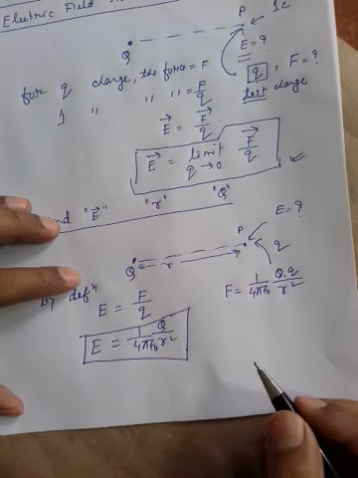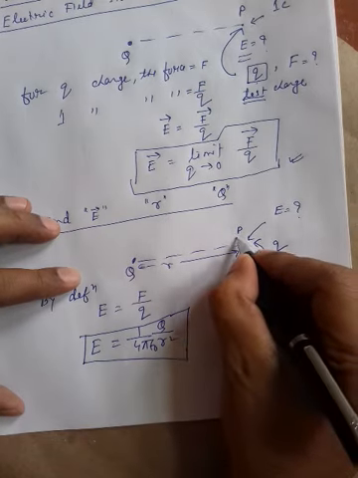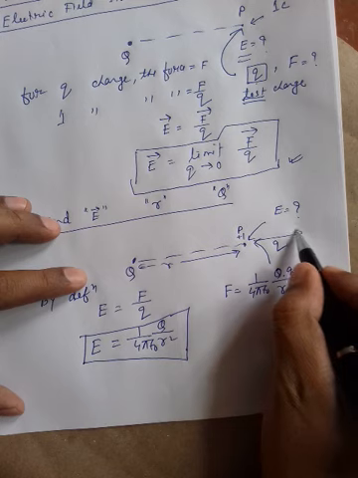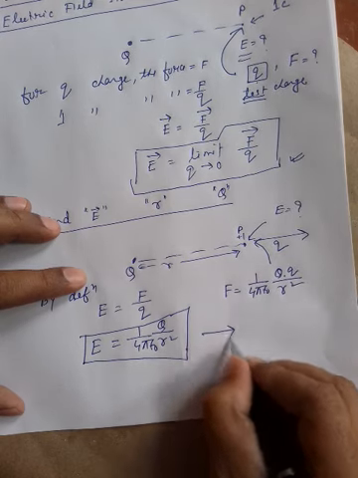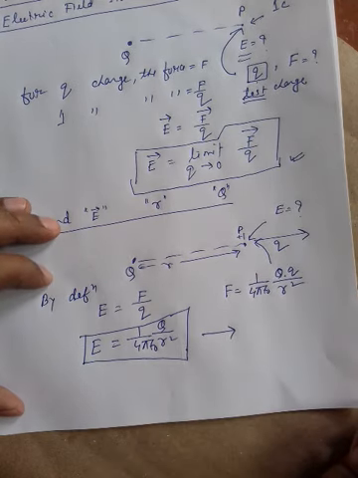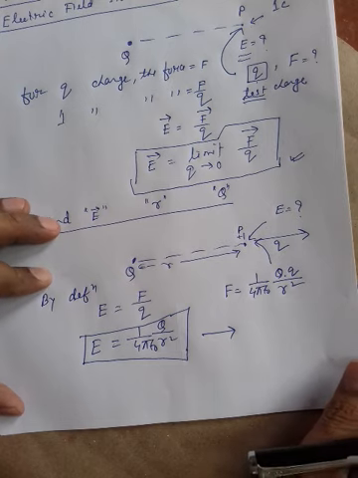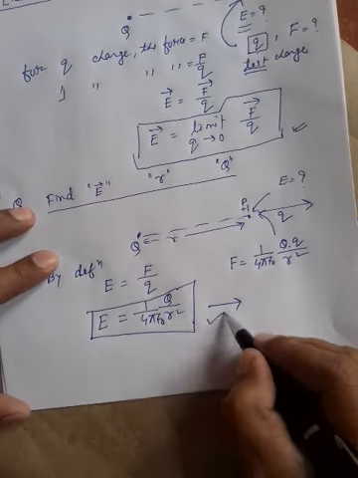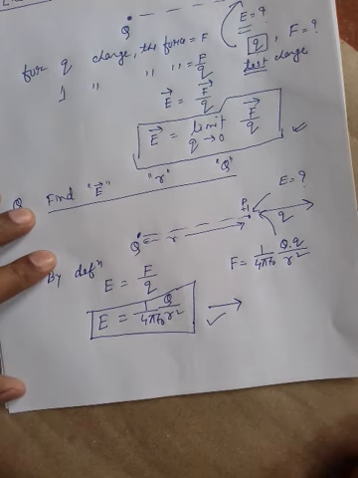For the direction of the field, just consider one imaginary 1 coulomb present here. Because of Q, the 1 coulomb gets a repulsion like this, so the direction of field is in this side. So the direction of field comes from the direction of force acting on a unit positive charge, and the value of the field is given by this relation.